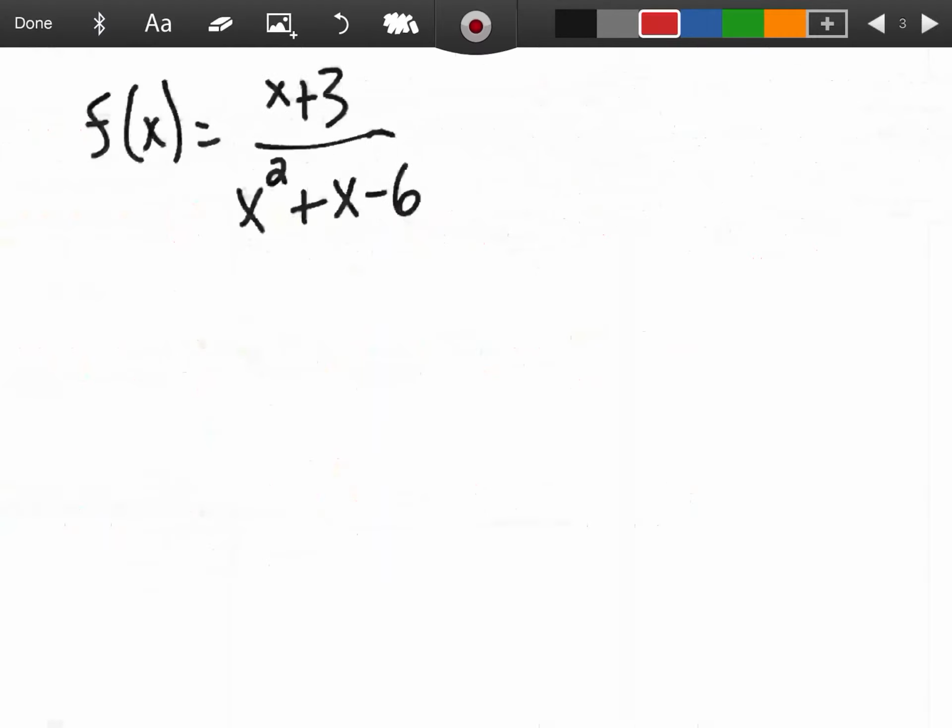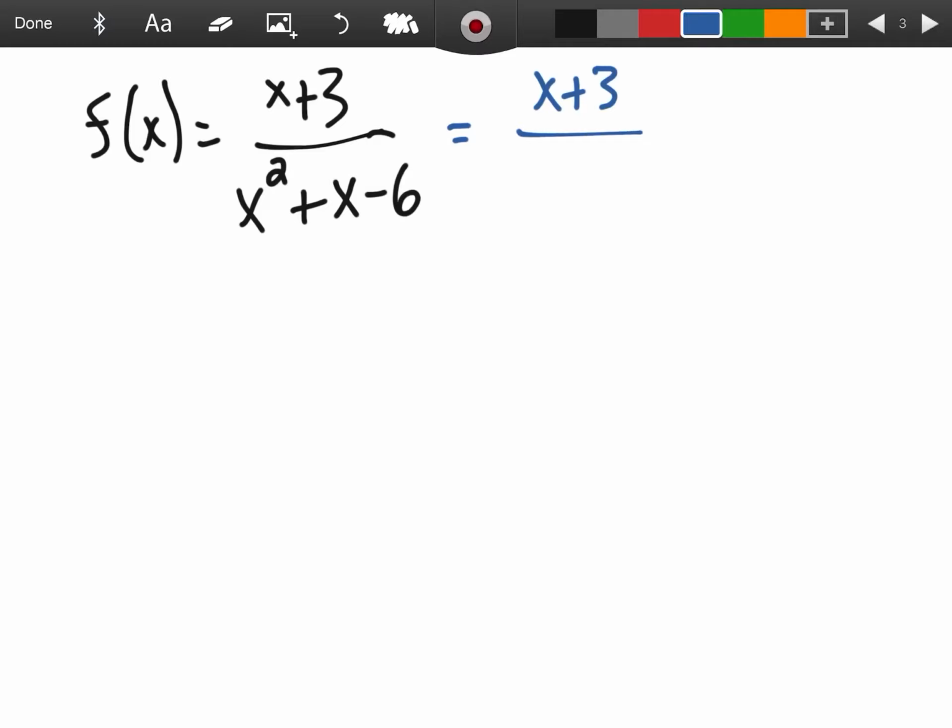However, there are some cases where it's a little bit different, where we won't have an asymptote even when the denominator is equal to 0. Let's take a look at one of those and just see when that occurs. So for this function, I have f of x equals x plus 3 over x squared plus x minus 6. Let's factor our denominator.